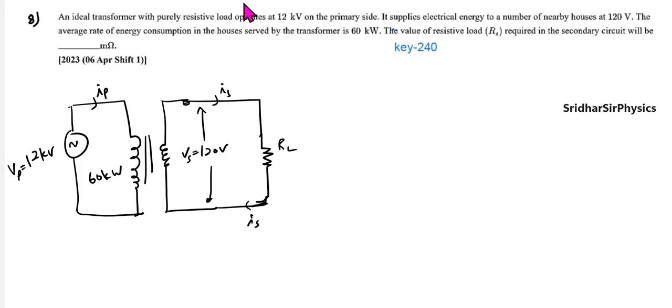Whatever the drop across the secondary, it appears across the resistor, because they are in parallel. This one is the secondary.